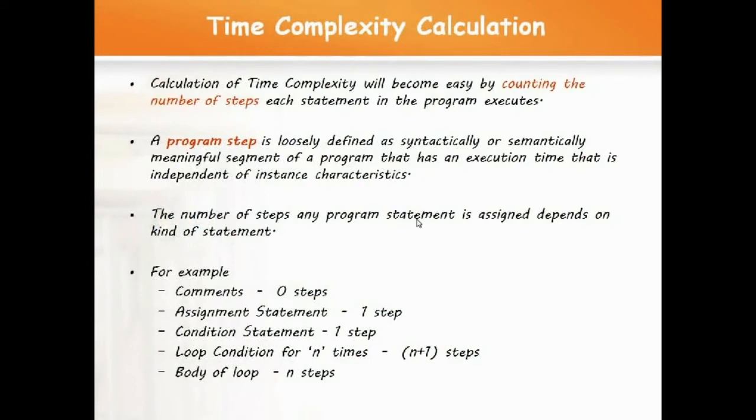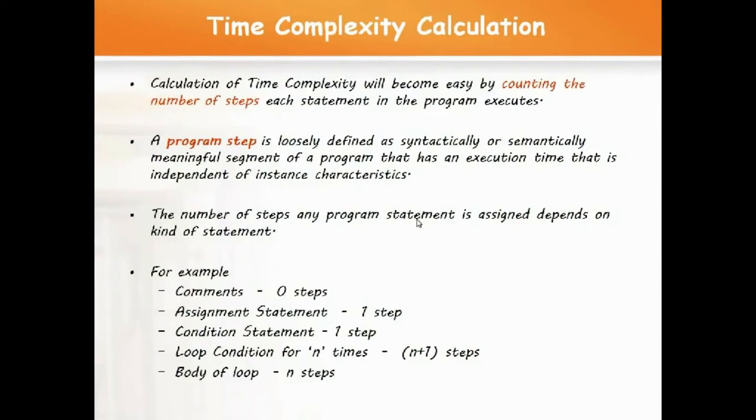How to calculate time complexity? One of the easiest methods to calculate time complexity is to count the number of steps for each statement in the program. What is a program step? A program step is nothing but a meaningful segment in a program whose execution depends on instance characteristics. Note that all the statements in the program may not be executed all the time.